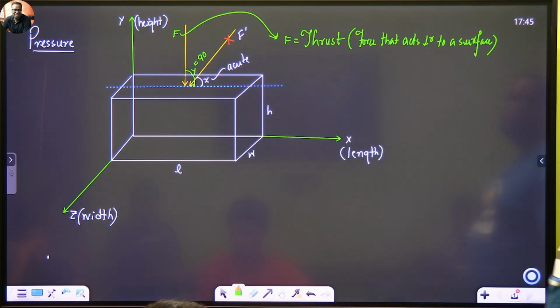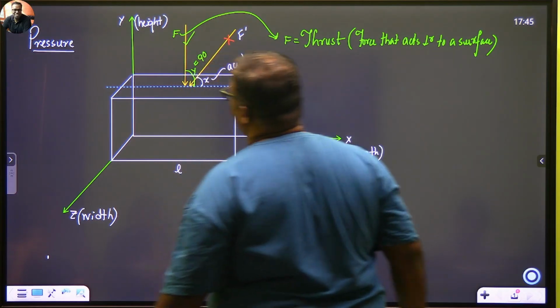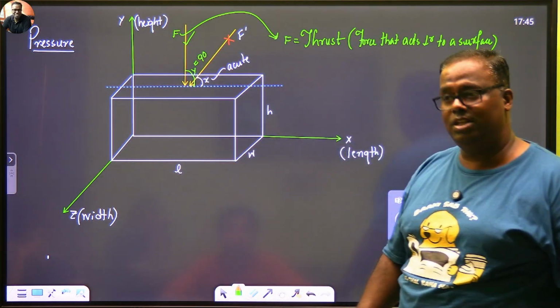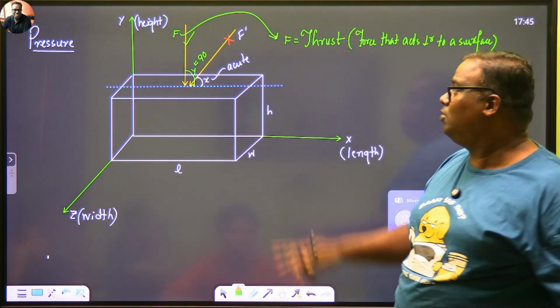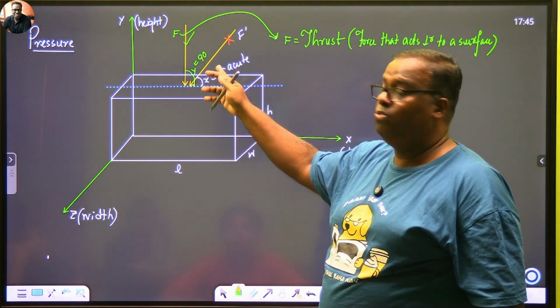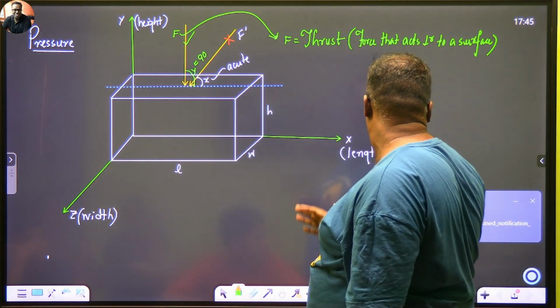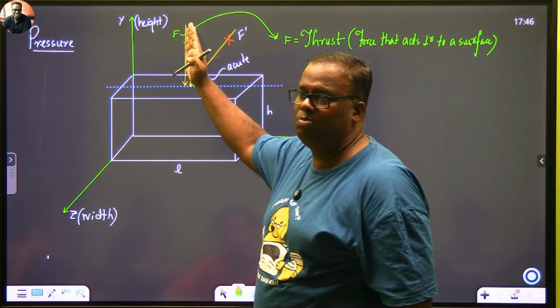Okay, so what is thrust? Thrust is a force that acts perpendicular to a surface, at 90 degrees, and it is the thrust which is responsible for the computation of pressure that acts on the surface. Which surface? The top surface. Children, a cuboid has got 6 surfaces. Right now we are only trying to compute the pressure that is exerted on the top surface.